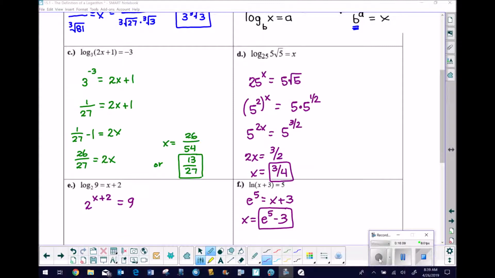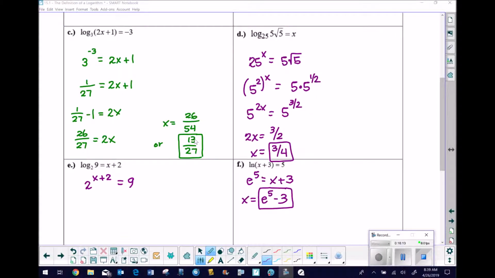All right, welcome back. As you can see, I've gone ahead and solved D, E, and F, at least as much as I think I could at this point. So let's walk through part D of this example. We would cross the bridge and find that 25 raised to the x is equivalent to 5 square root of 5. From this point, we're fortunate in that we could change some bases to make everything equivalent at 5.